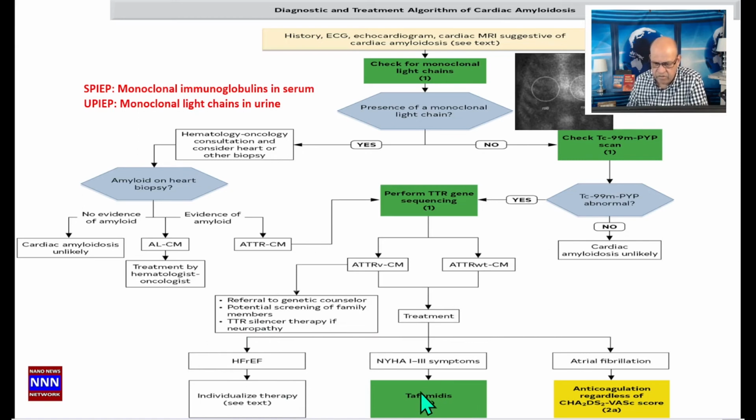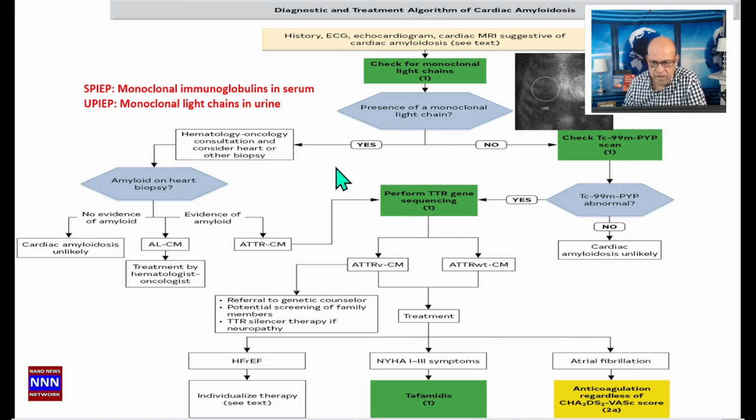One of the drugs that's available for treating these patients is Tafamidis, which can be tried on these patients, which is a class 1 indication. If these patients develop atrial fibrillation, of course, they need to go on an anticoagulation regimen based upon their CHA2DS2-VASc score.